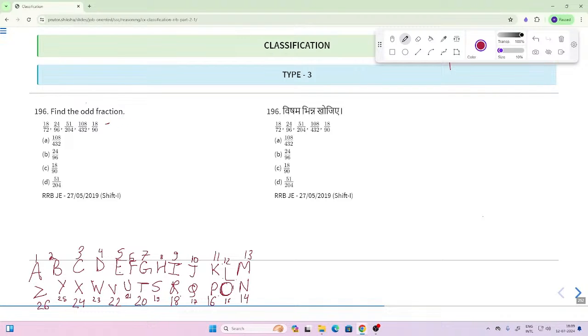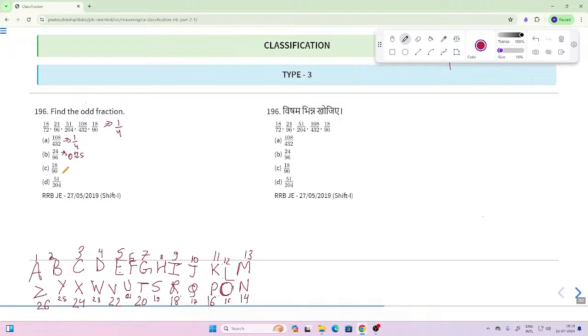So this becomes 1 by 4. Reducing the rest by the same amount, 8 fours are 32, and 4 times 4 twos are 8, 4 sixteens, 96.